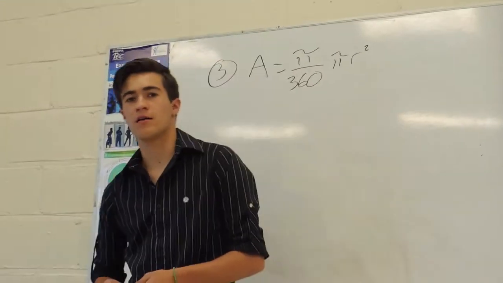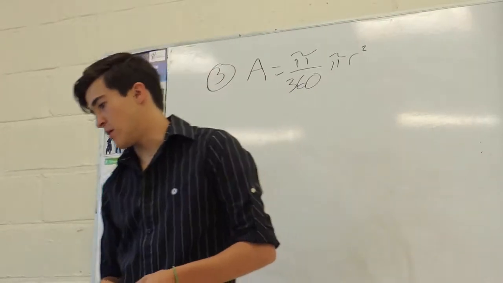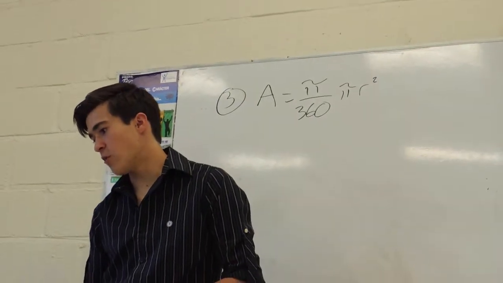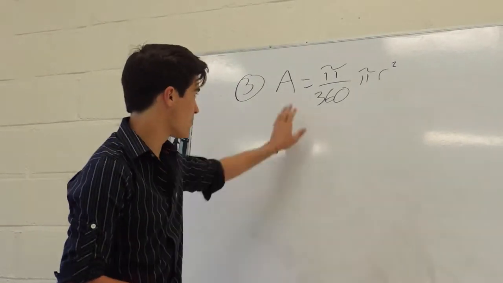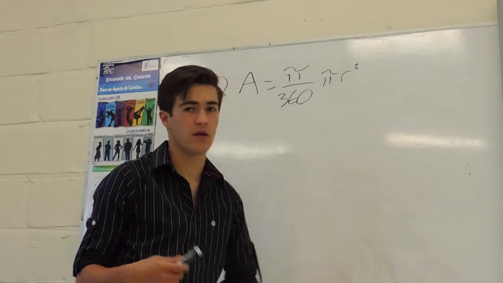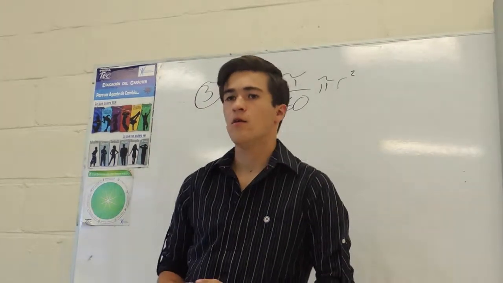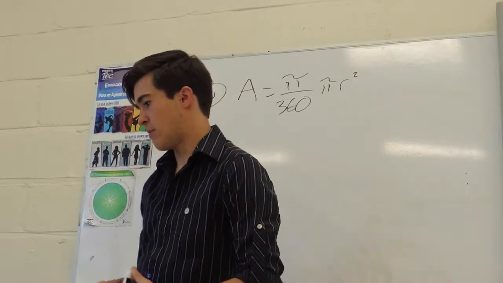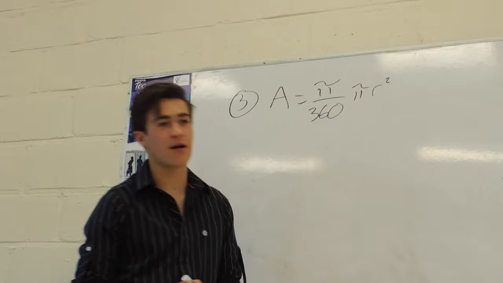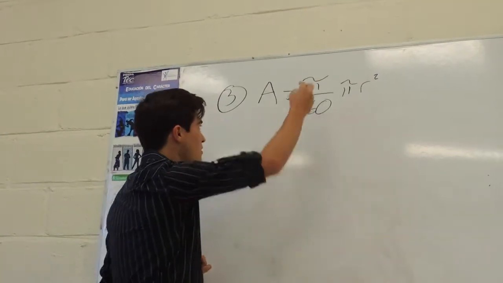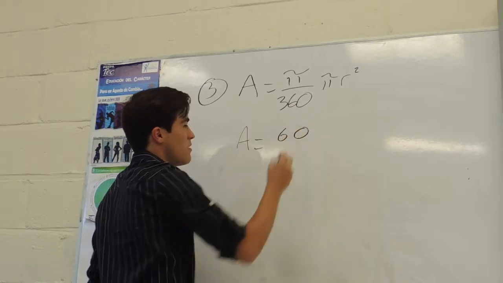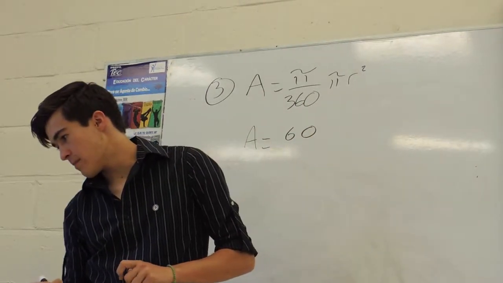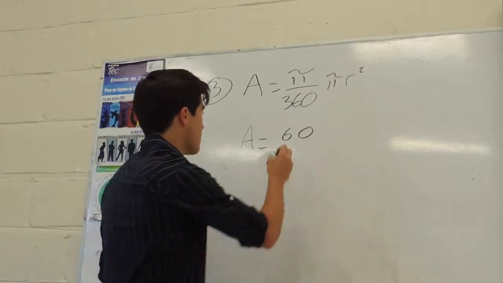Number 3 says, investigate and demonstrate how to calculate the area of a circular sector. Okay, this is our formula to calculate the area of a circular sector, and we have to do an example. For example, we have a central angle of 60 degrees, which will be this number here, and a radius of 10, that will be this.